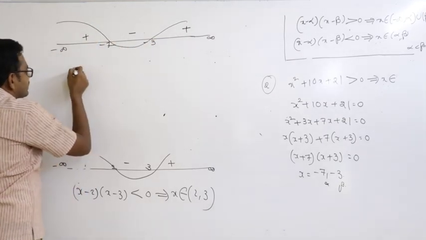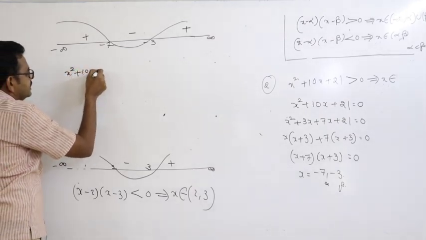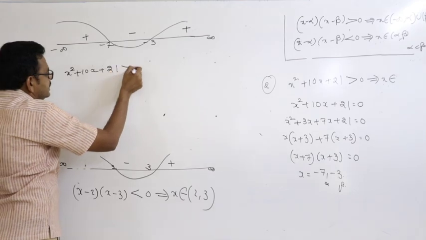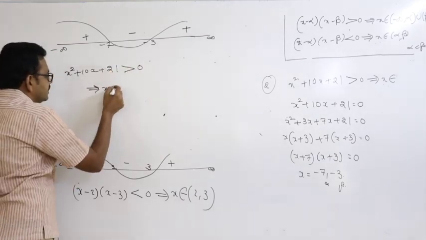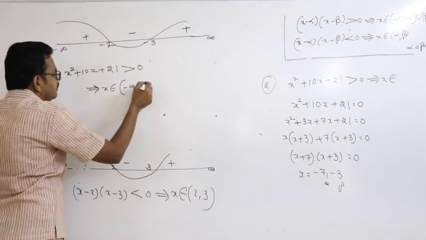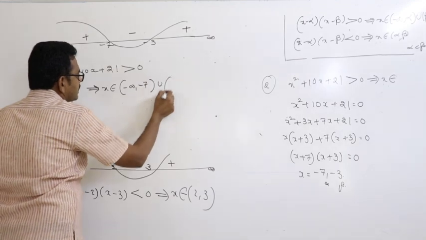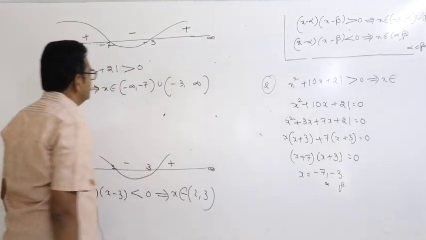So, x square plus 10x plus 21 is greater than 0 implies x belongs to minus infinity comma minus 7 union minus 3 comma infinity. In this interval it is positive.